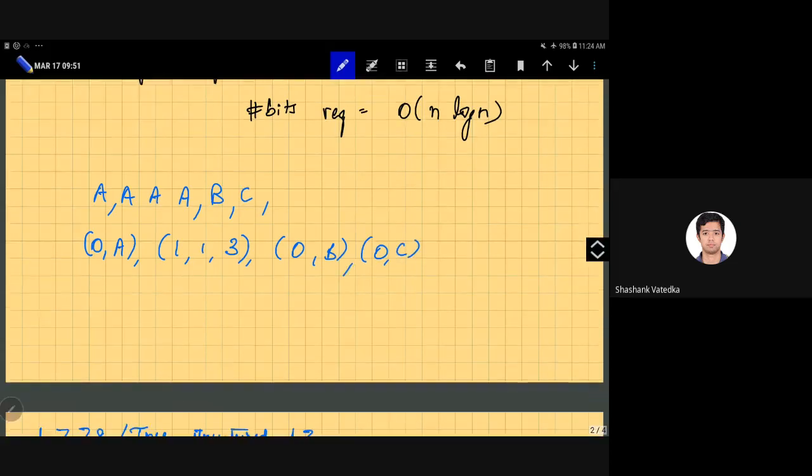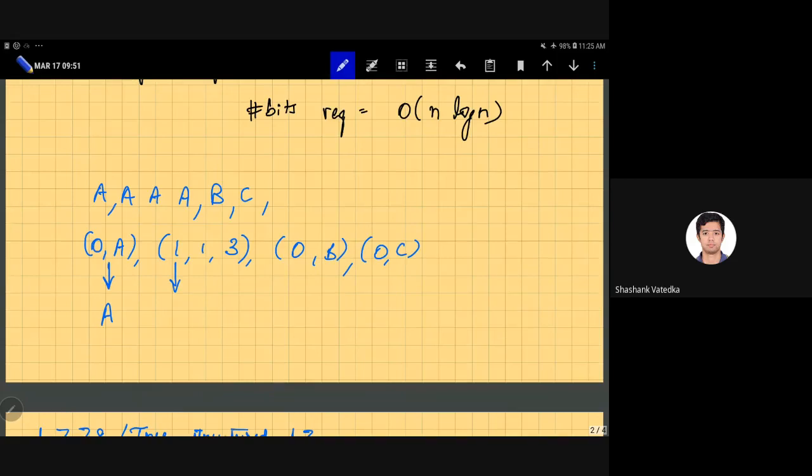Okay, so let us see how we would decode this particular sequence. You first observe 0, comma A, so it's a new character, and you know that the first phrase is A. Now let's look at the second phrase. This is 113, which implies that there is a match.